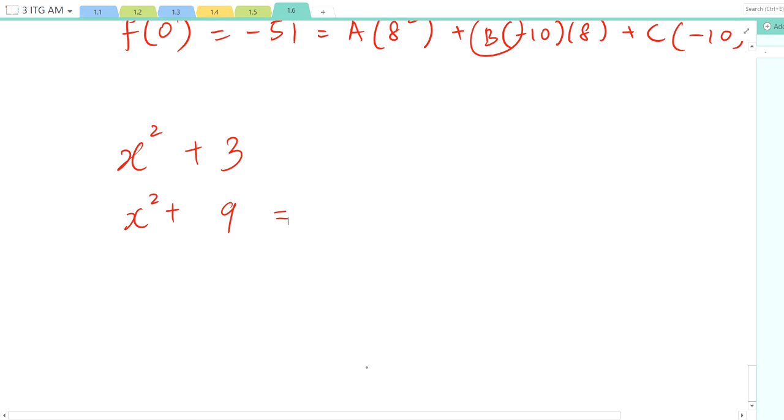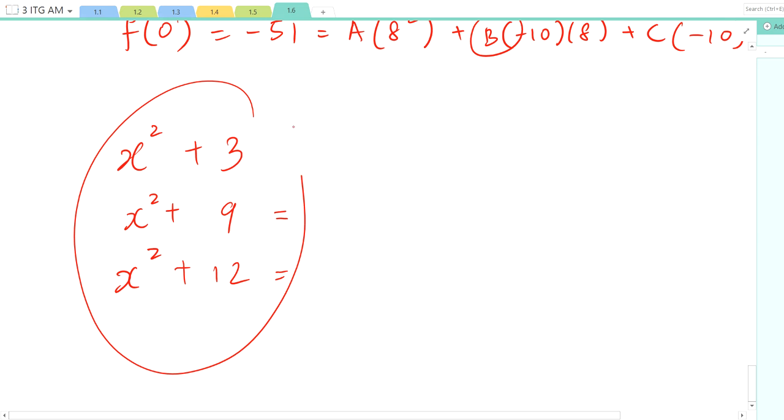Let's have more examples. X squared plus 12. Can it be factorized? No, all these are examples of quadratic expressions that cannot be factorized. So I shall show you now the general form.